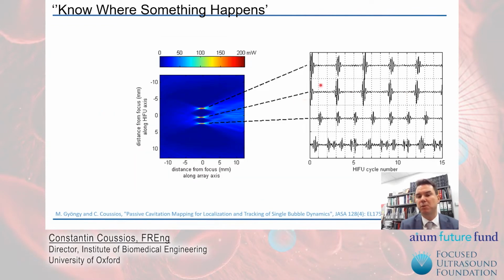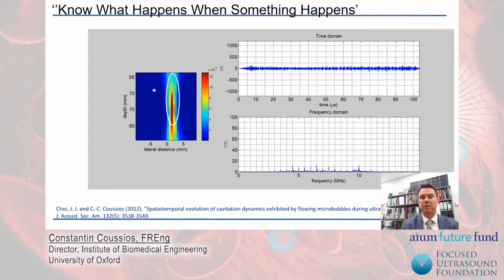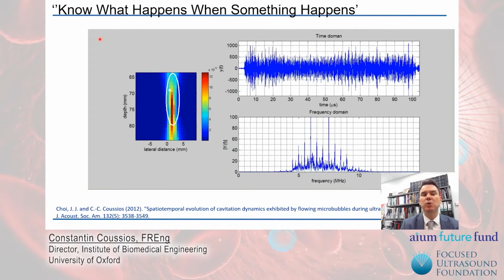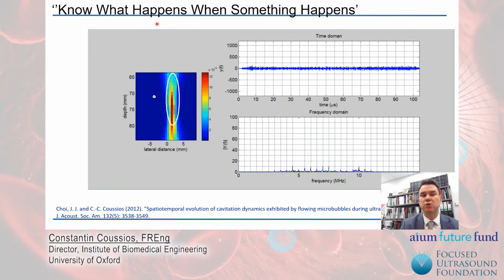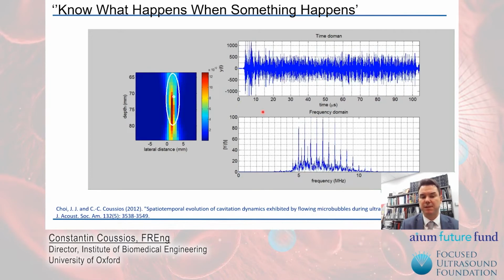This also makes it possible to distinguish between the time and frequency domain events on a spatial basis. In other words, it makes it possible to segregate the acoustic signature from a bubble at this location from the acoustic signature of the bubble in this location. And this opens a unique opportunity, again for the first time, to know what happens when something happens.